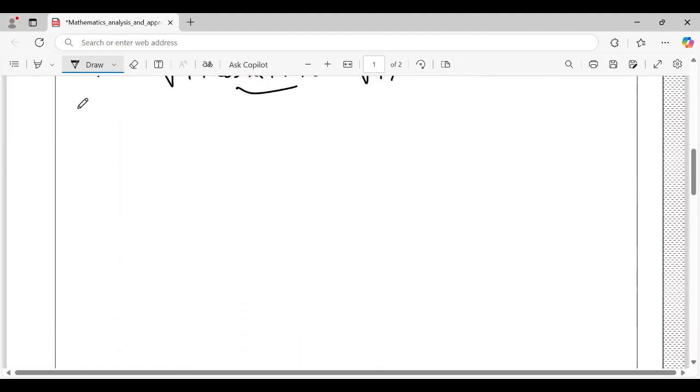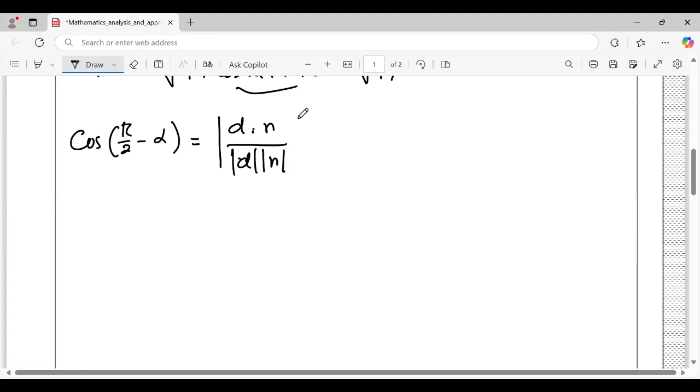Now, cosine of pi half minus alpha equals vector d dot vector n over modulus d times modulus n.